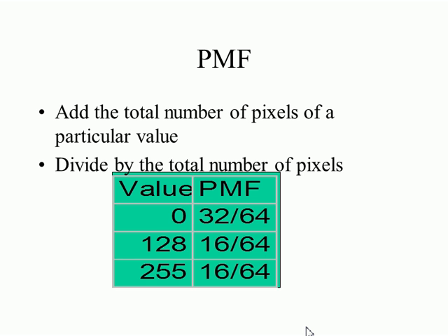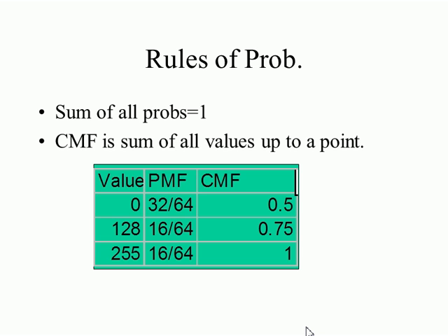I'm doing the cumulative mass function of all the pixels whose value is 128 or above. Yeah, 0.5, sure. 0.5, perfect. Or 32 out of 64. So you just added them.